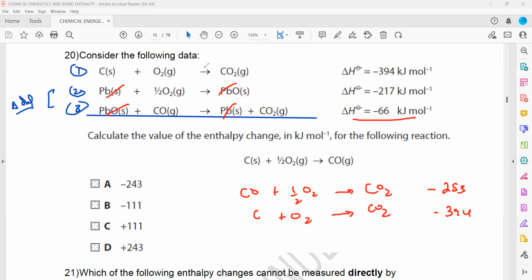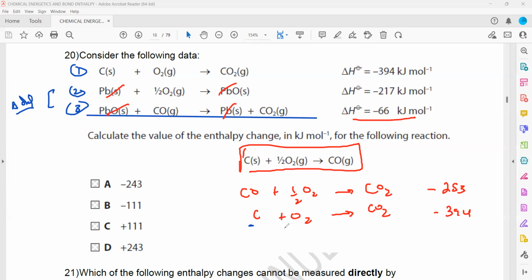Now we don't want carbon dioxide because in our final equation there is no carbon dioxide. So we can subtract, because the carbon dioxide is on the same side. So we subtract the two equations.